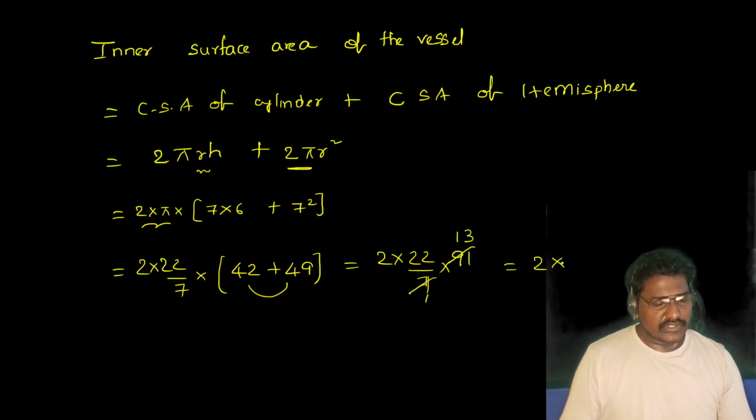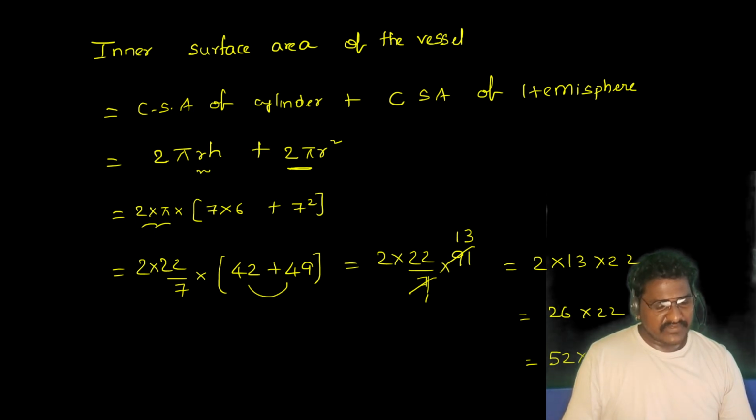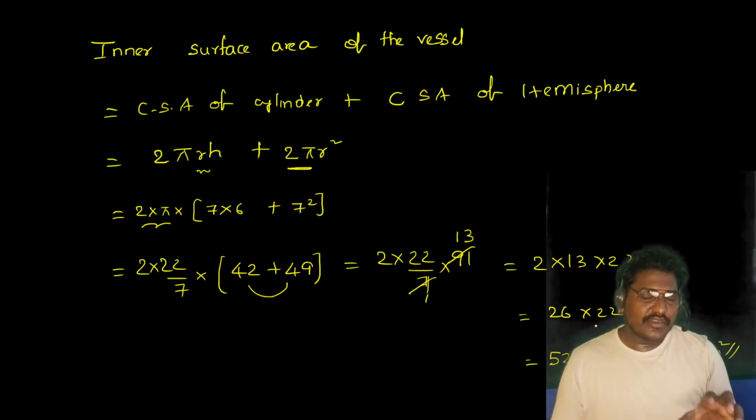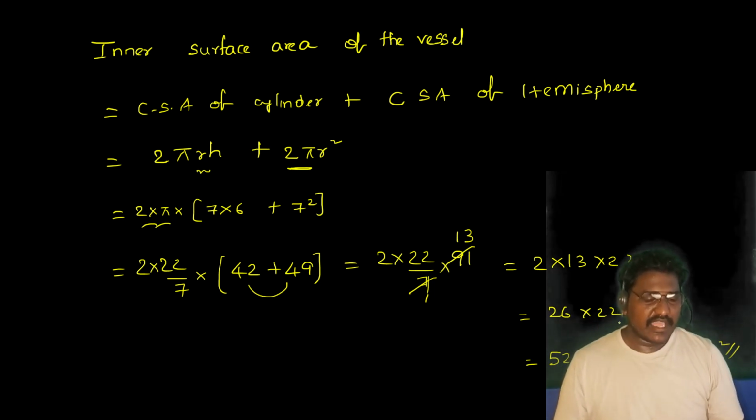So 2 into 13 into 22. That means 52 into 11, or 26 into 22. So that means 52 into 11, 572 centimeters square.